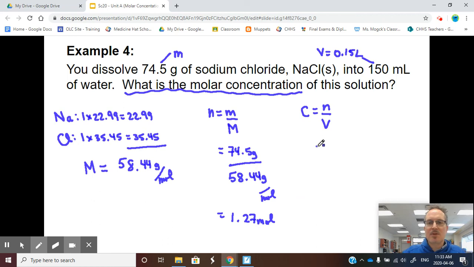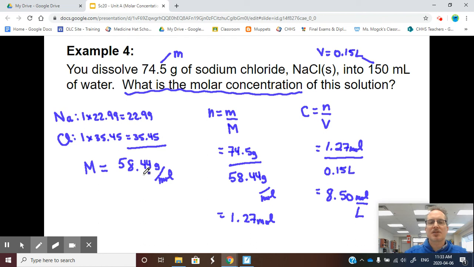Again, that's my moles, so I'm going to sub it in for moles in this formula, divided by 0.15 liters. So take my full calculator number, divided by 0.15 liters. And my answer is going to work out to be 8.50 moles per liter.